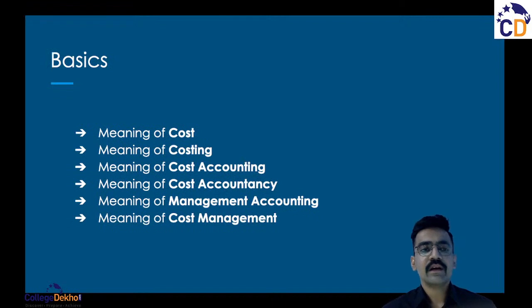First of all, let us start with the very basic definitions of different terminologies related to cost accounting or management accounting. To begin with, let us first understand what the term cost means.